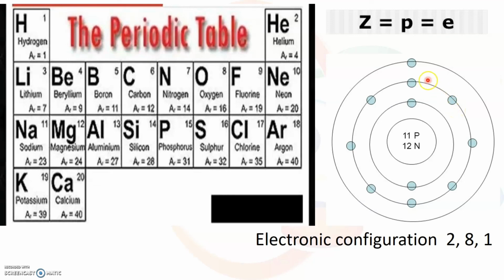So that 1 electron is placed in the outermost shell, that is, in the third shell. So in case of an atom of sodium, the third shell is the outermost shell, as this is the shell which is far from the nucleus. And the number of electrons in the outermost shell is equal to 1. Therefore, it has only 1 valence electron. So this is how the electrons are distributed in atoms.